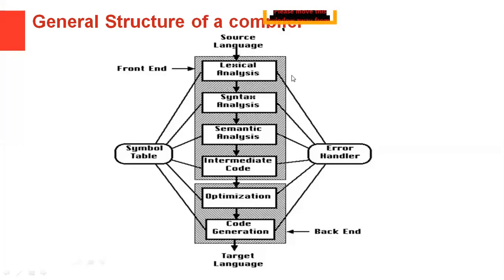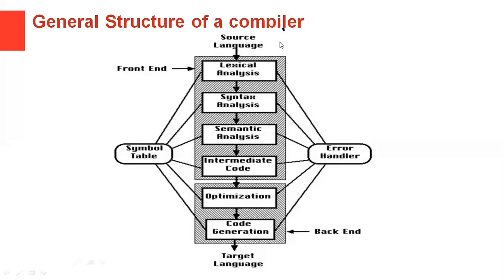And what is the work done by the assembler? The assembler is used to convert the assembly level language into machine level language, which is relocatable machine code. That relocatable machine code is given to the linker or loader. What is the work done by the linker?